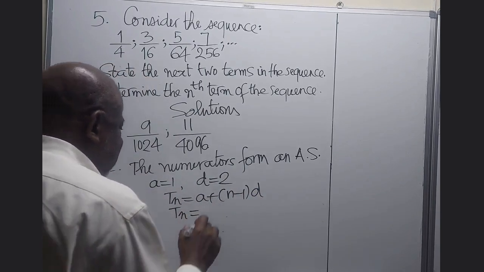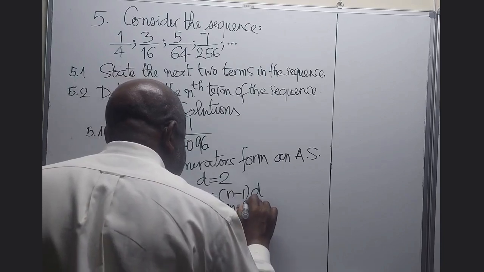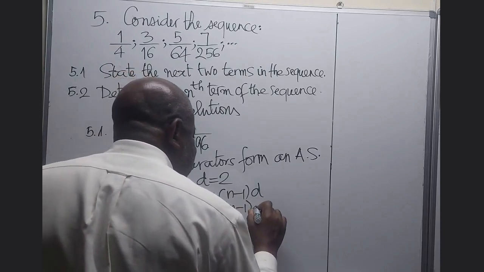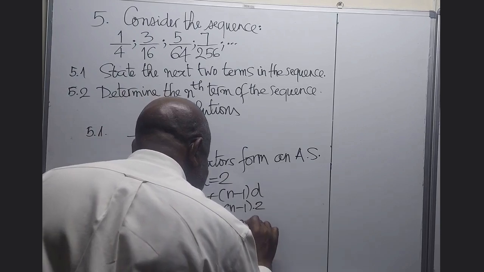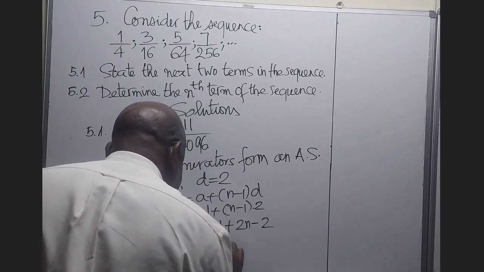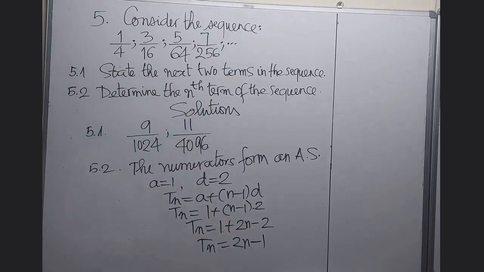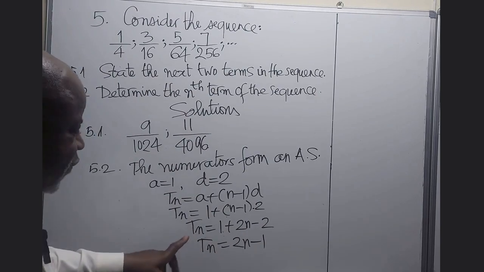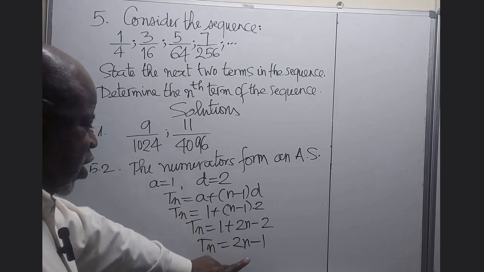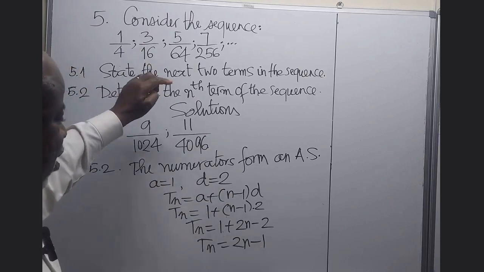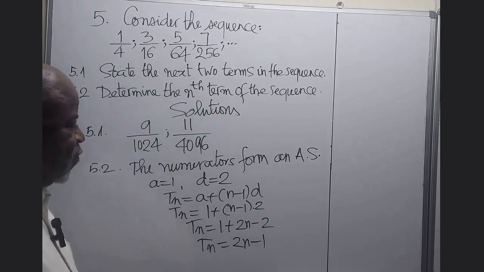Tn will be equal to 1 plus n minus 1 times 2, which is 1 plus 2n minus 2, so Tn is 2n minus 1. This is for the numerators. If n is 1, we have 1. If n is 2, we get 4 minus 1 is 3. If n is 3, it will be 6 minus 1, and then we get 5.